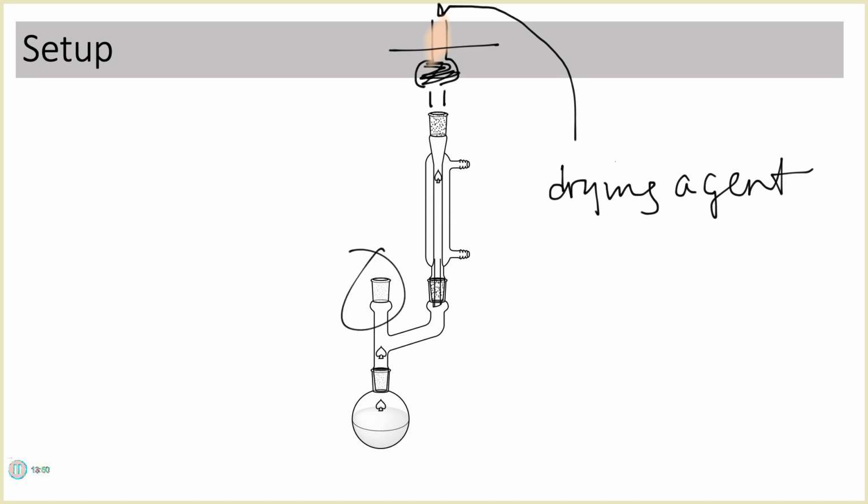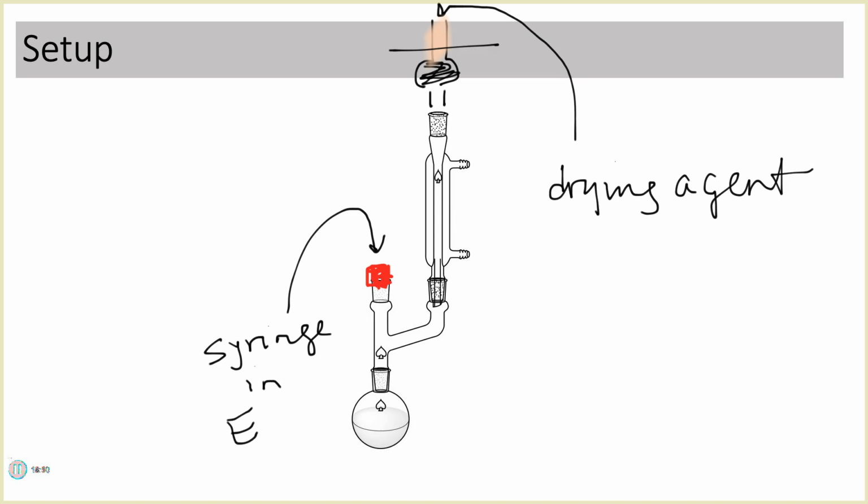Well, what about right here? Well, that has to be closed to the environment as well. And the way we work that is we put on there a little rubber septum. Okay? And the rubber septum allows you to syringe in liquids. And so you will syringe in the solution of your electrophile in THF.